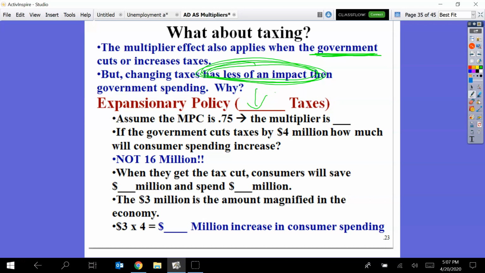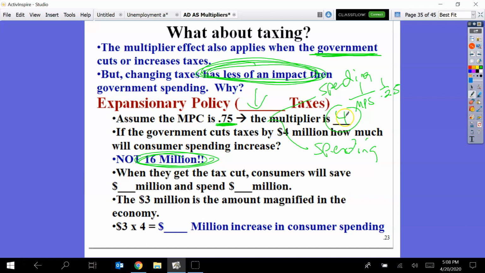If the MPC is 0.75, the spending multiplier is going to be 1 over, now, not the MPC, that's the marginal propensity to consume. We need the MPS. So 1 over the MPS, which in this case is 0.25. So the spending multiplier would be 4.